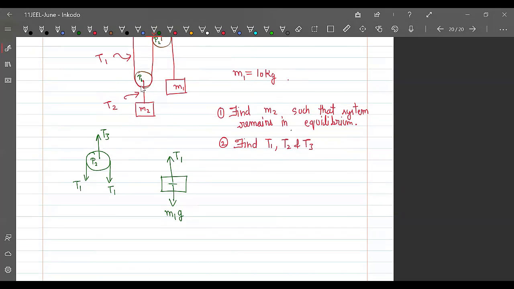Then we'll draw the diagram of this pulley P1. Pulley massless है and यहाँ पे tension T2 है. So T2 in the downward direction and T1 in the upward direction.